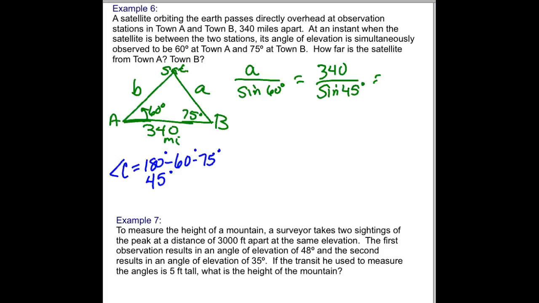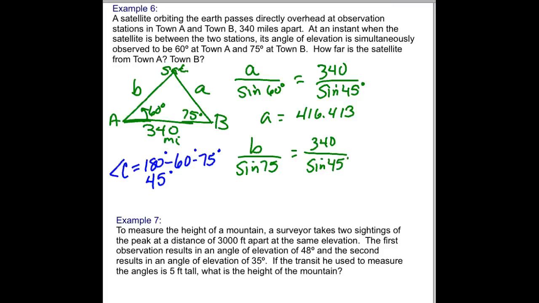All right, so what do we get for A? 416.413. Okay. And then for B, B is to the sine of 75 as using the same ratio. Yep. 340 is to the sine of 45. And you got B to be 464.449.